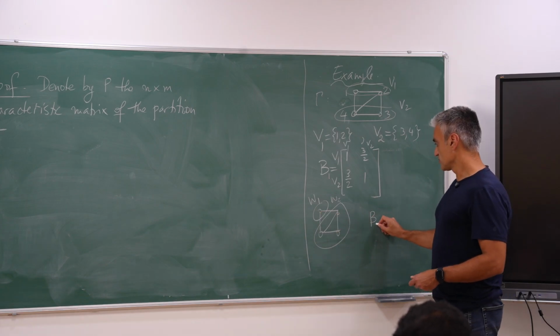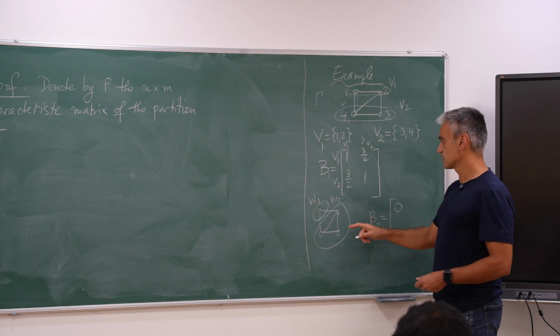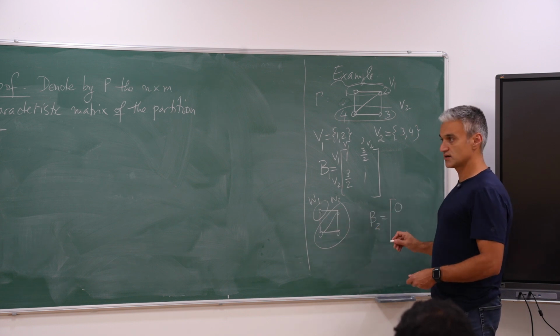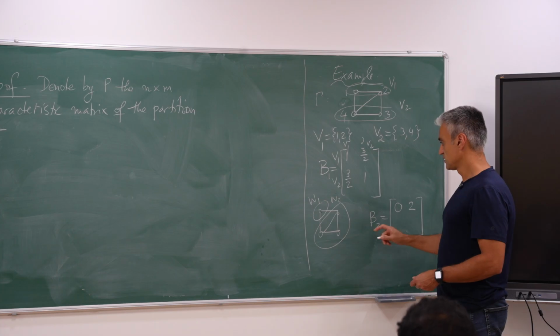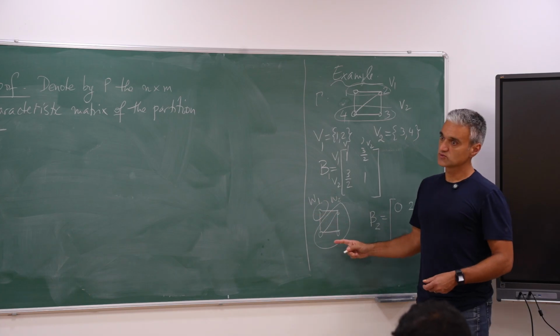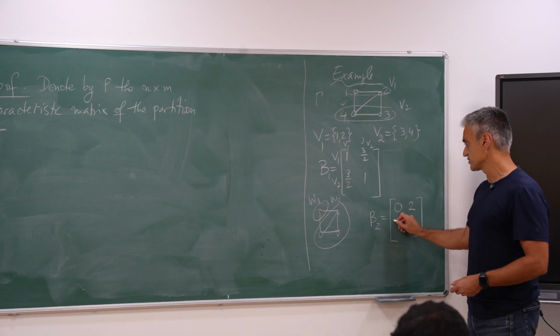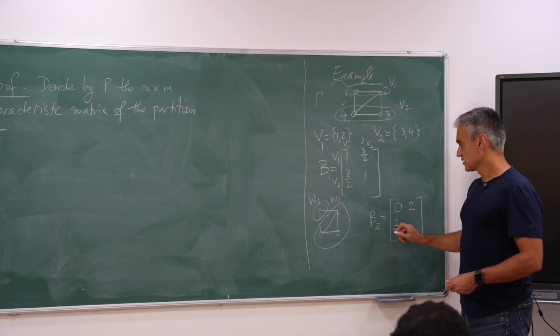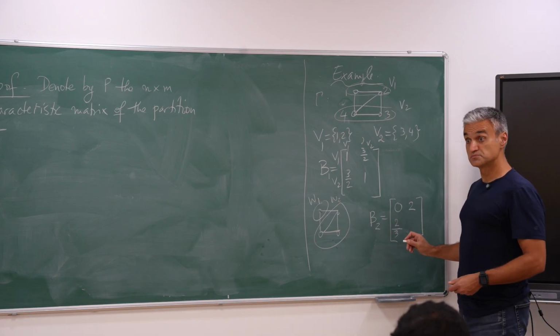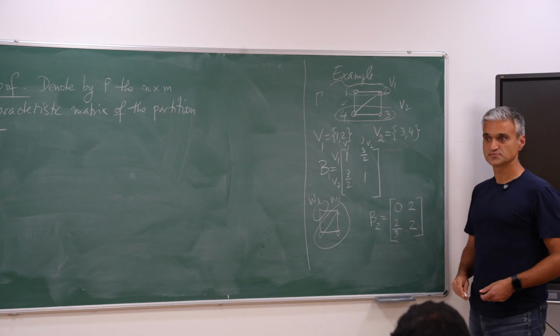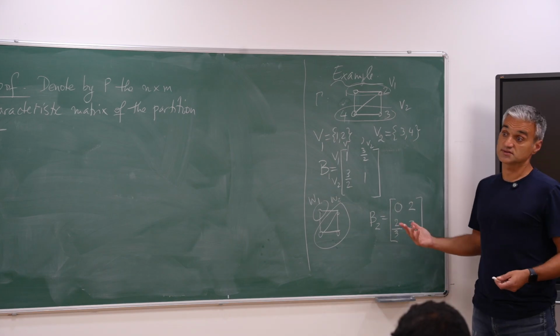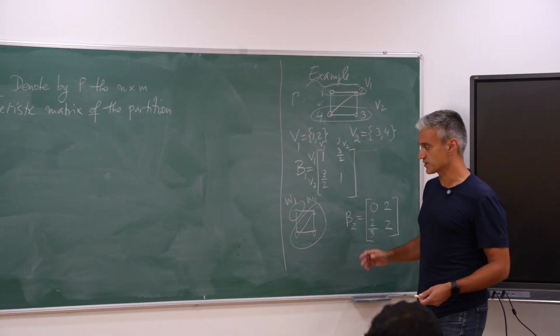This one I will call B2. Inside W1 I have 0. Going this way, I see 2. Backwards, you have 2 edges but 3 vertices, so the average will be 2/3. And inside W2, you see 2. So that's another quotient matrix for a different partition.